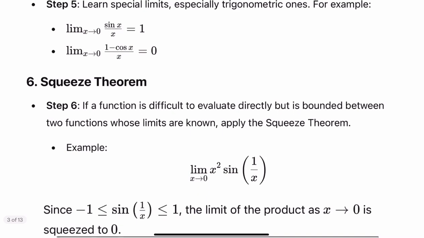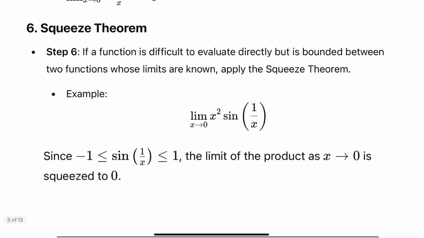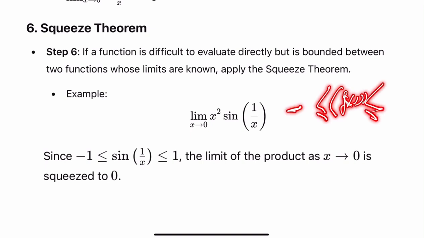The other method is the squeeze theorem or the sandwich theorem. This is also a very, very interesting method, because sometimes a function may be too complex to handle directly, but we can squeeze it, or use it as a sandwich between two simple functions, and get your function f of x squeezed between two other functions whose limits you can easily find.